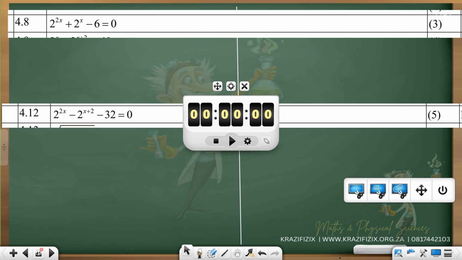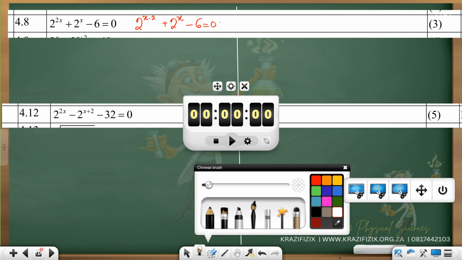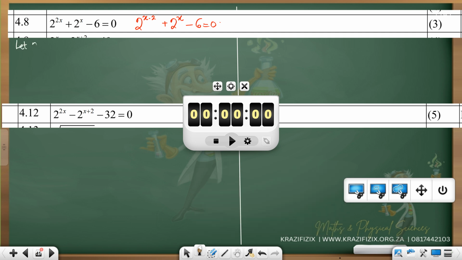Anyway, let's get this done. All right, so what do we have? 2 to the power 2x. Do you notice it can be written as 2 to the power x multiplied by 2? So let 2 to the power x be equal to k. So what do we have? k squared plus k minus 6 equals 0. I think 3 and 2 should work.